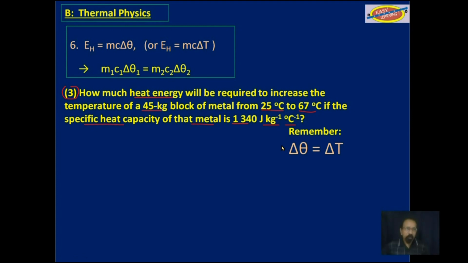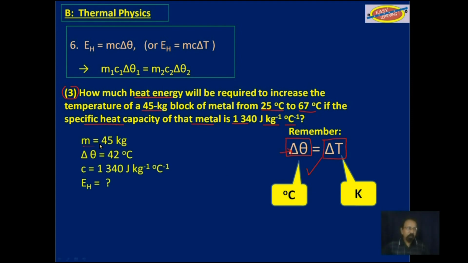And in this case, remember that a change in temperature in degrees Celsius is the same change in temperature in degrees Kelvin. So those two things are the same as long as we are dealing with change in temperature. So we know the mass, 45 kilograms.